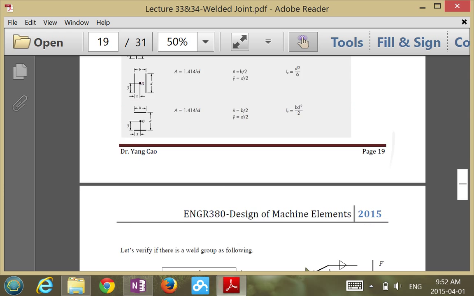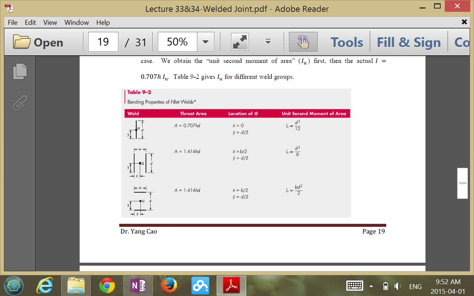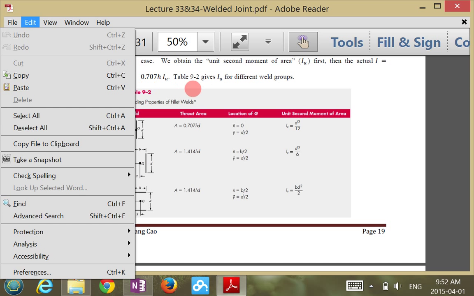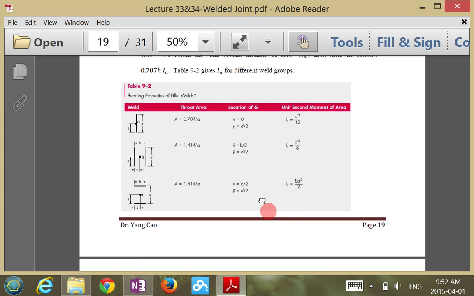So this is the snapshot of Table 9-2. It's not the whole picture; there are a few more geometries at the bottom of the table. But the bottom line is, here's how you can make use of it.